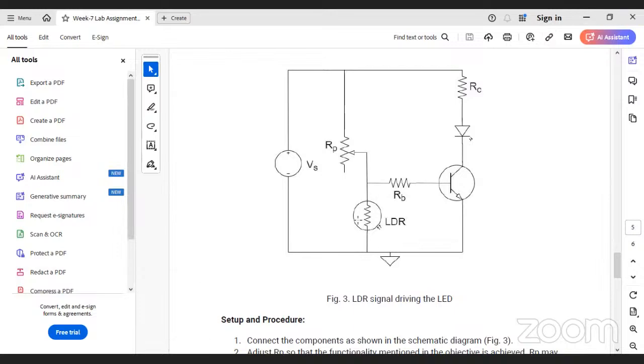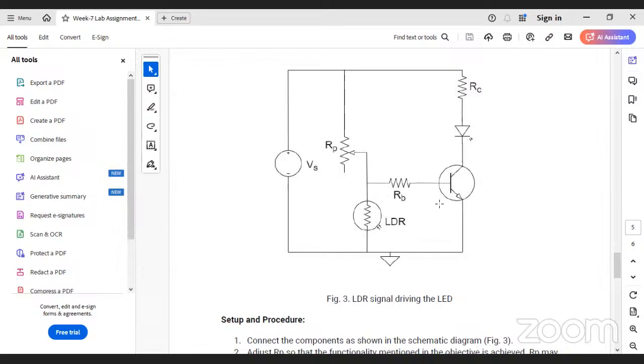When the resistance is high, accordingly the voltage drop will be high, right? Here, Vs is connected to the potentiometer and the LDR. So when the resistance is high, the voltage drop will be high, and accordingly IB will be high, and that IB will also affect the IC, right?